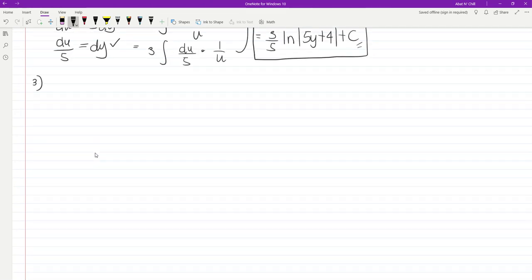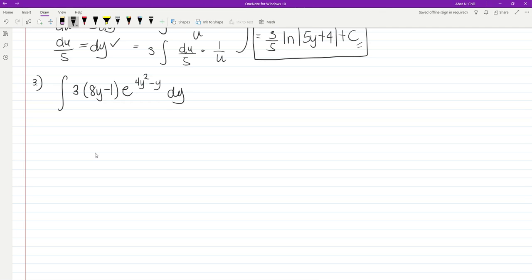So we have number 3. We have the integral of 3 quantity 8y minus 1 multiplied by e raised to 4y squared minus y dy. At first glance of this problem, you might find it complicated, but actually it's not.